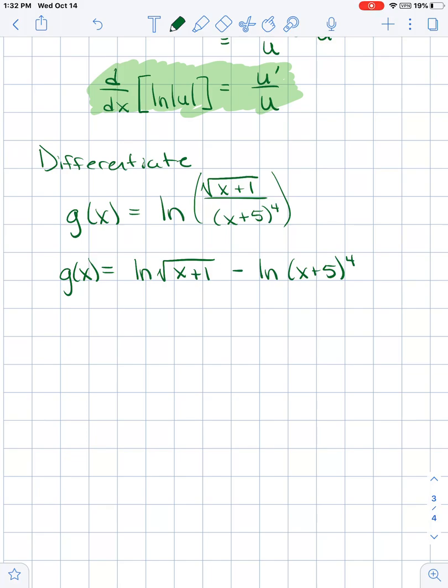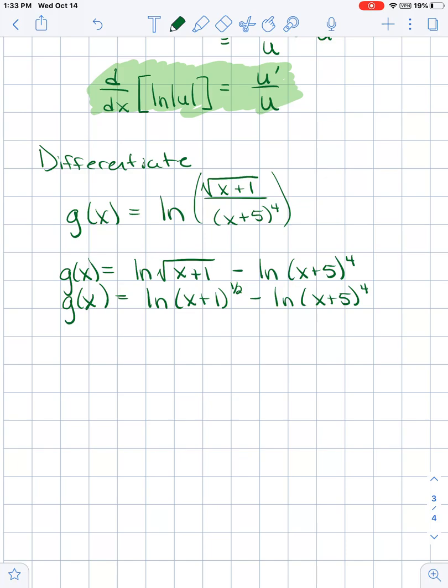But we can simplify further. What if I rewrote this as x plus 1 to the 1/2, so that these both have exponents? Now there's that rule, I think you called it frog off the log or something in Algebra 2. I don't know if they're still saying frog off the log, but we can take the frog off the log.